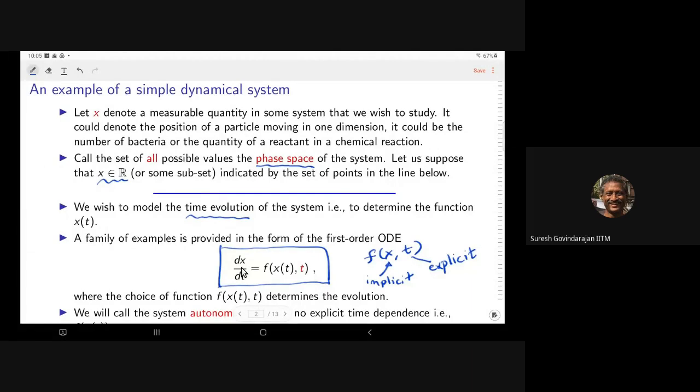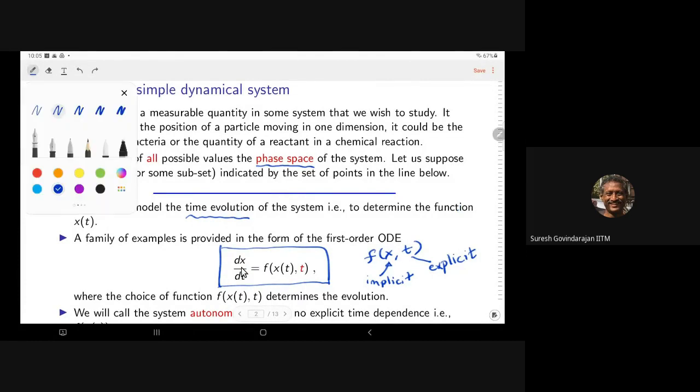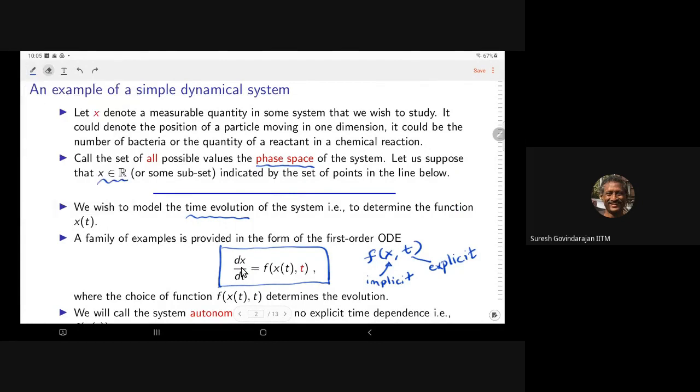so I don't know how to, you can see that I don't know how to move it. I'm getting a line. So let's, just give me a second.